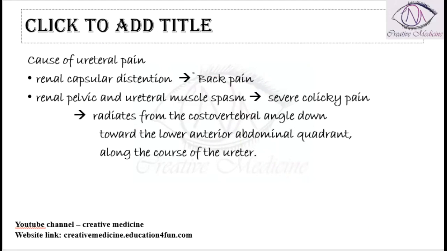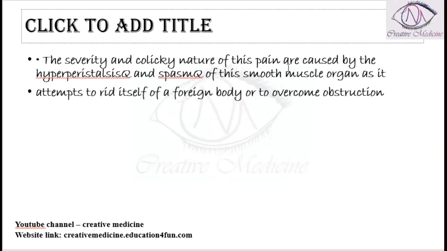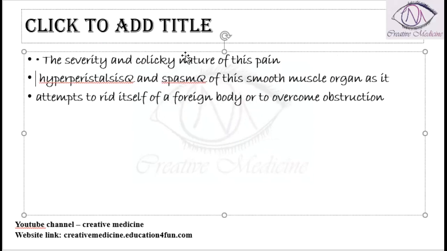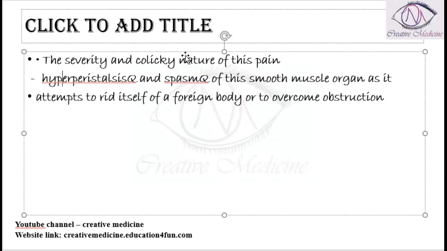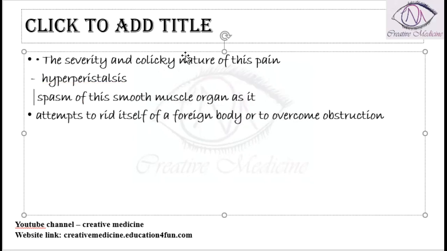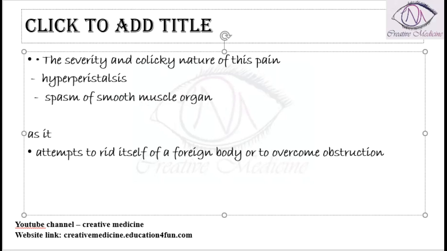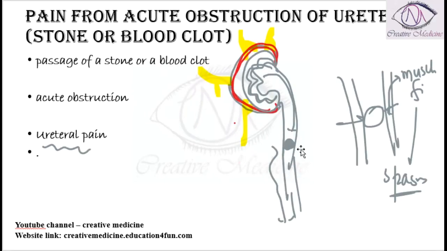Okay, now the severity and colicky nature of the pain. This colicky nature of the pain is mainly caused by peristalsis, and it is also caused by the spasm. Because of hyperperistalsis and the spasm of the muscle, this pain is severe and colicky in nature. Why? Because this stone is a foreign body, and our body always tries to eject the foreign body.